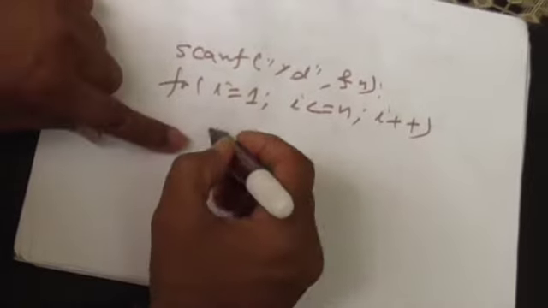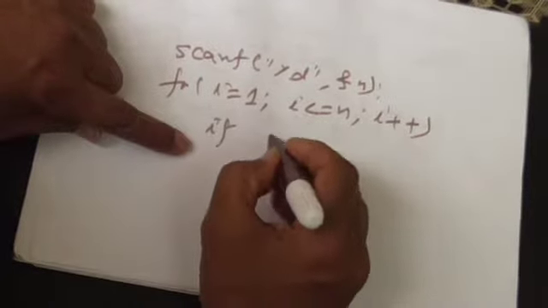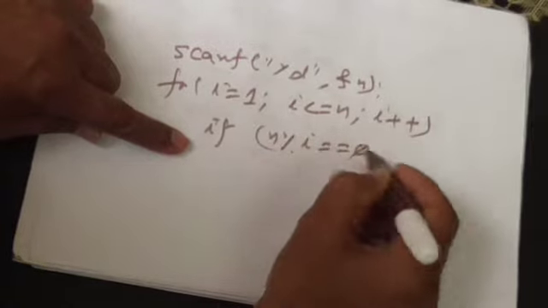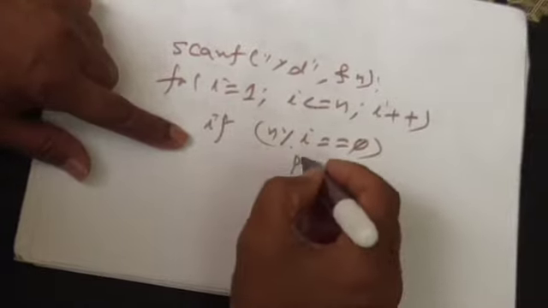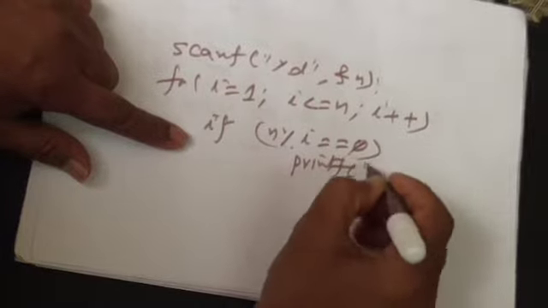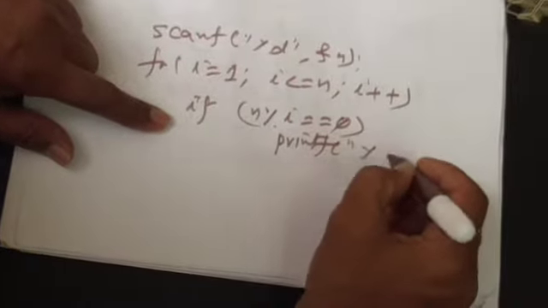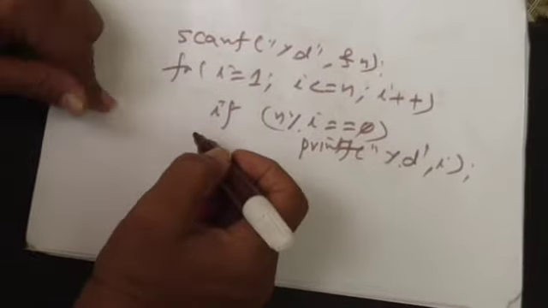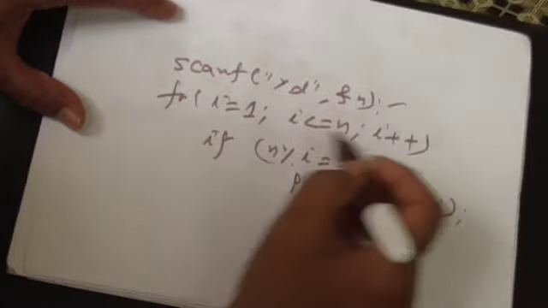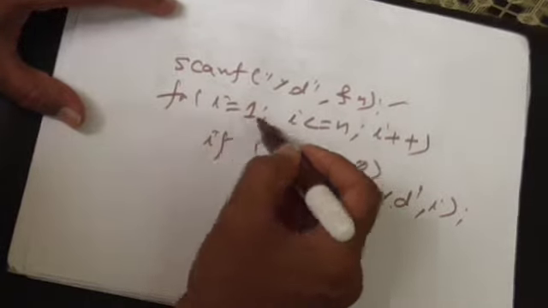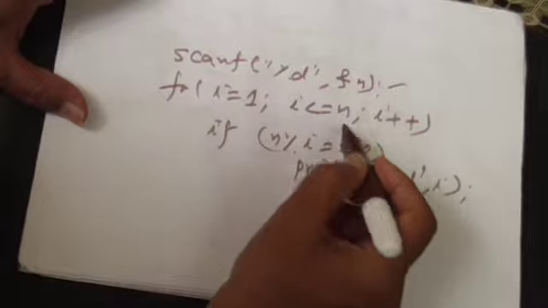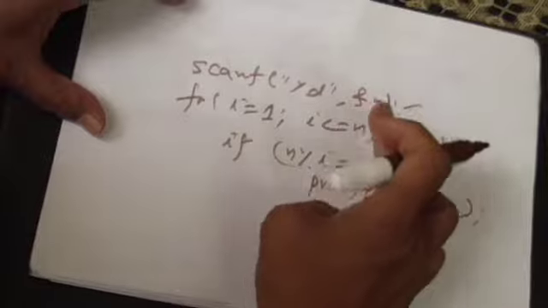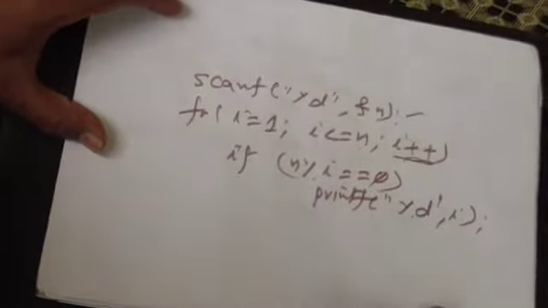Then very simple, you write here: if n mod i is 0, then you print i. This is to check with each number beginning from 1 to n, every time incrementing it by 1. So this is the important part of the statements of the program.